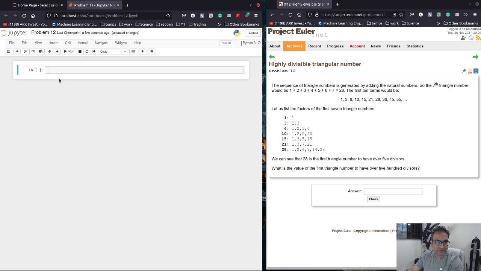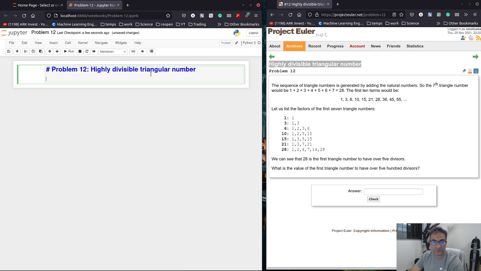And let's copy the problem. Problem 12, it is something called a highly divisible triangular number. Okay, let's figure this out.